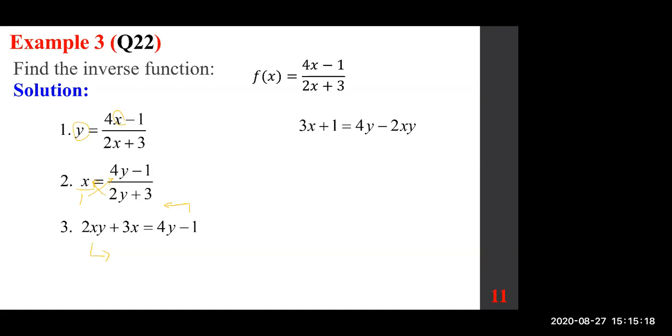Okay. Now on the right side, I factor out the y. So the right side is y times 4 minus 2x.